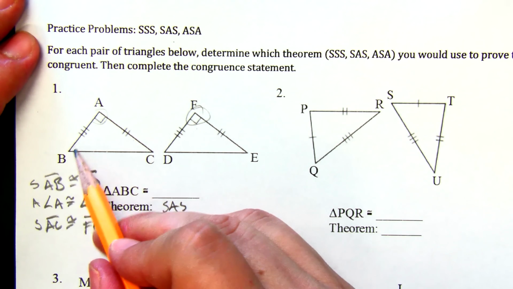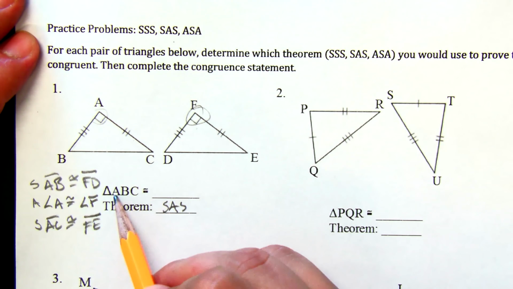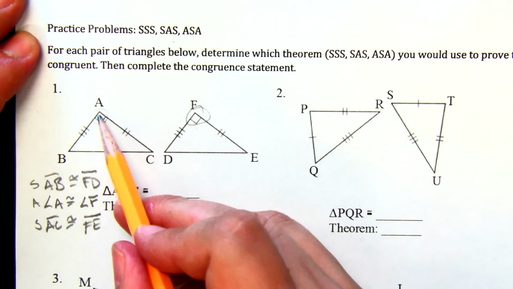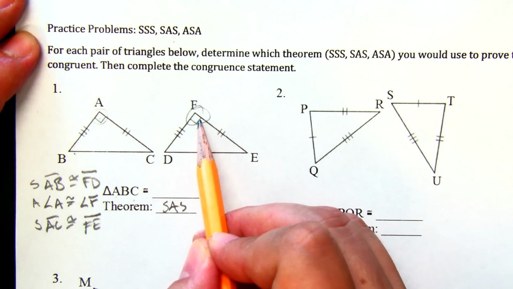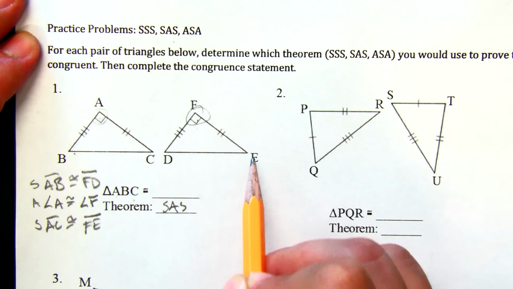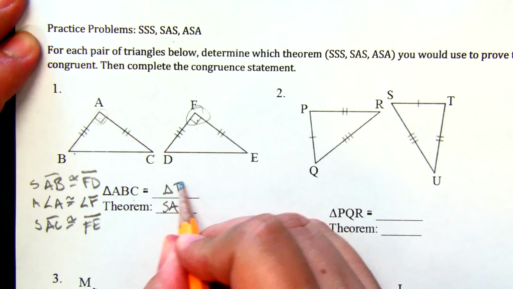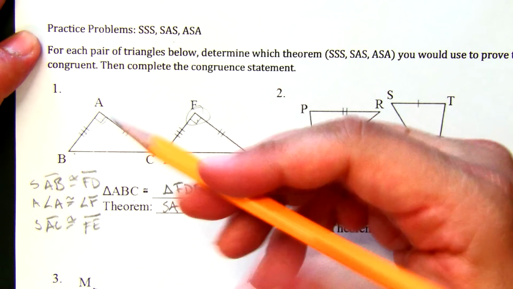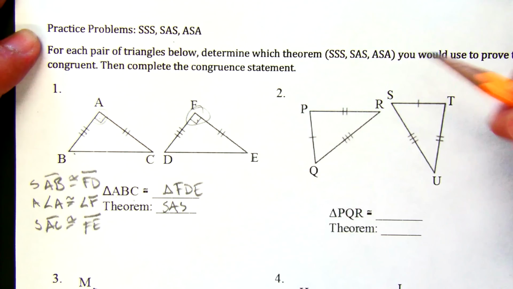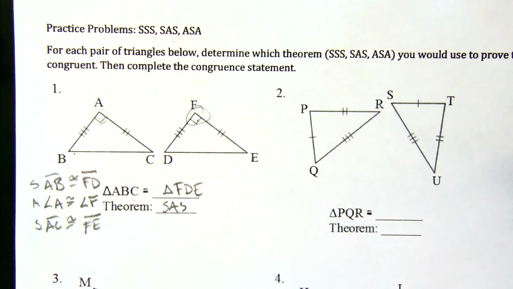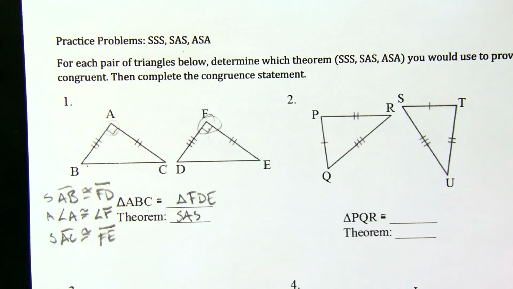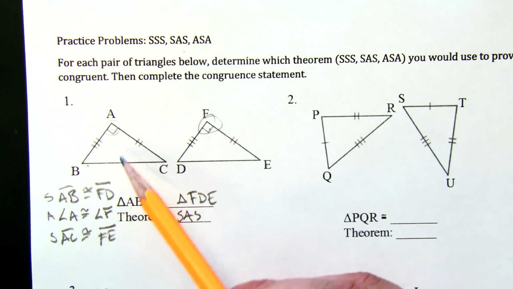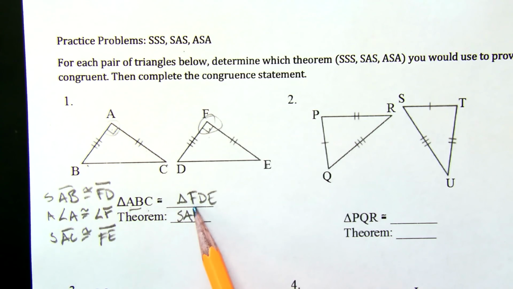And we can see, okay, we have ABC here. ABC is going to correspond to FDE on this side. The order matters just as with similarity. When you write the statement, you've got to have the letters written in the corresponding order. And one way you can check that is, look here, you've got AB, that should go with FD.